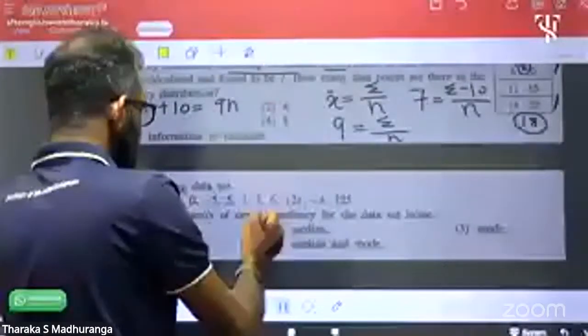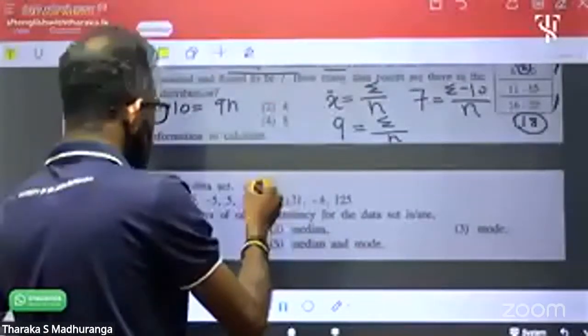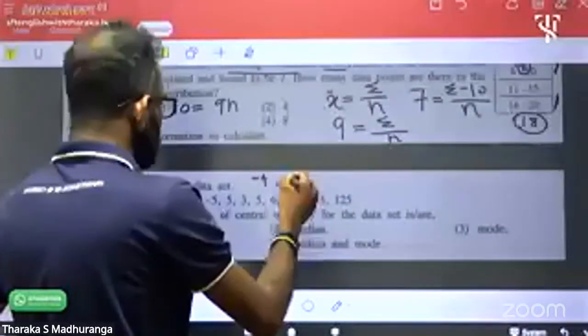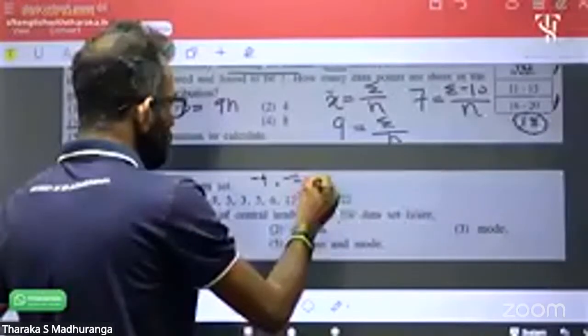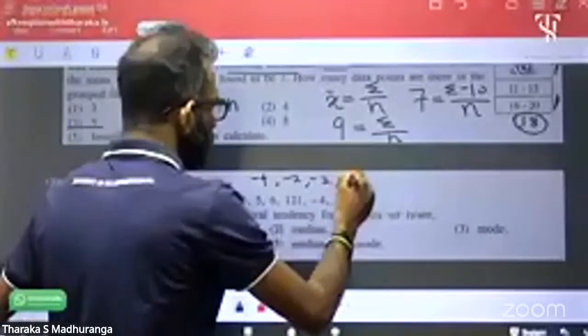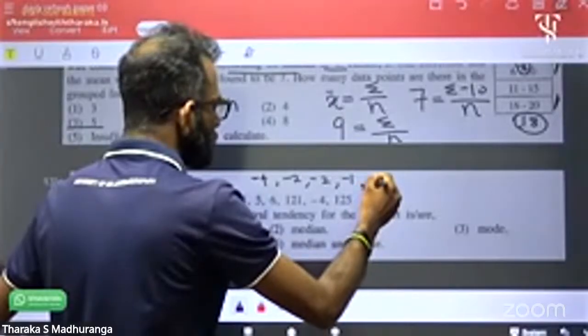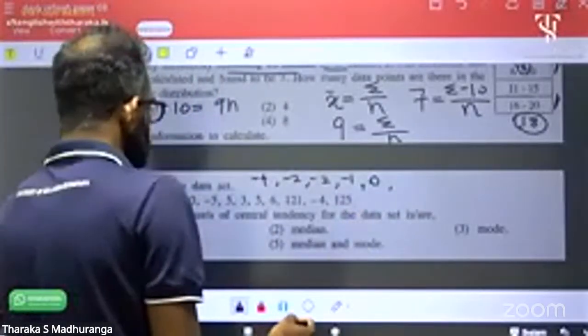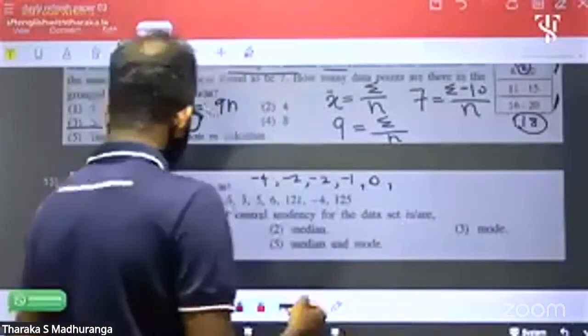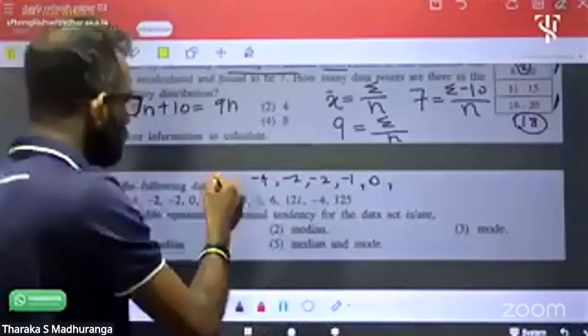The minimum value is minus 5, minus 2, minus 2, minus 1, 0. After 0, the minimum is 4.